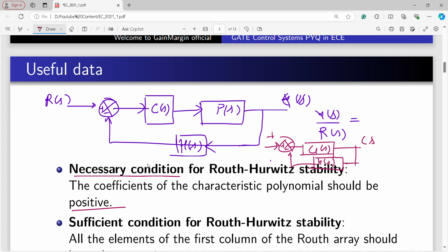So Y of S by R of S equals G of S by 1 plus G of S into H of S.